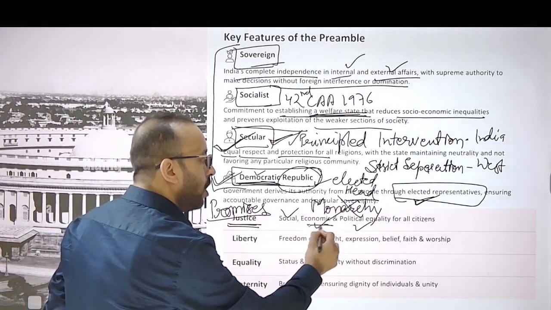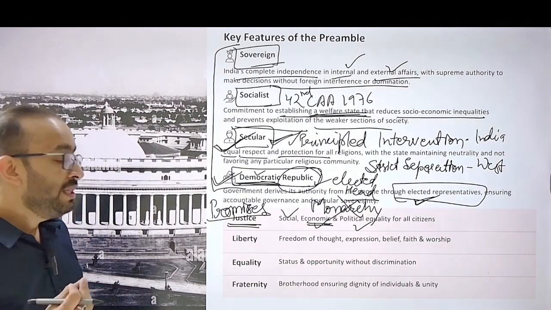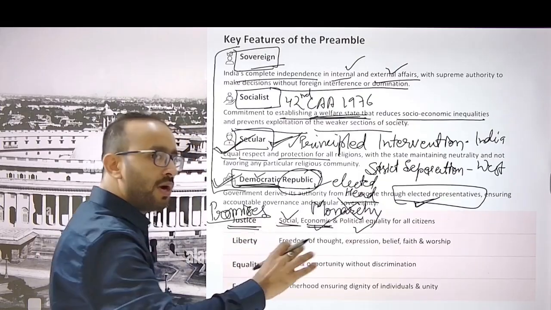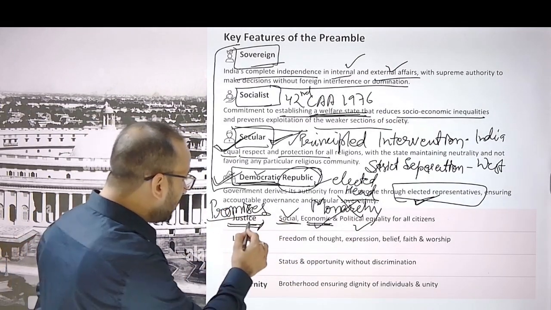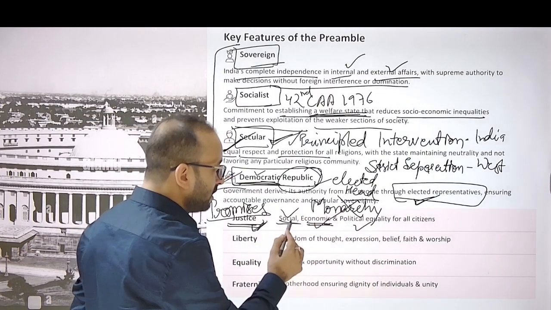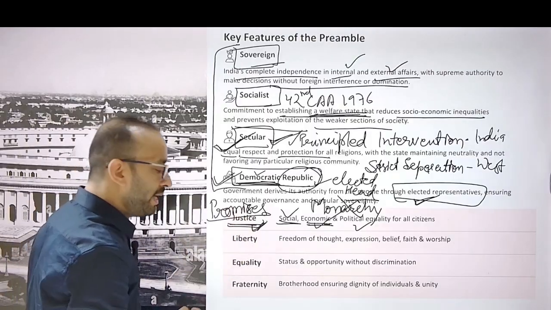Economic, that all the people will have opportunity or means and resources for their livelihood. Then social, there will be no caste and class divide. So this is the promise which the preamble has made, to deliver to all the citizens socio-economic and political justice.